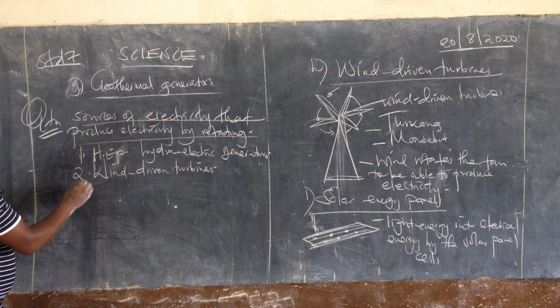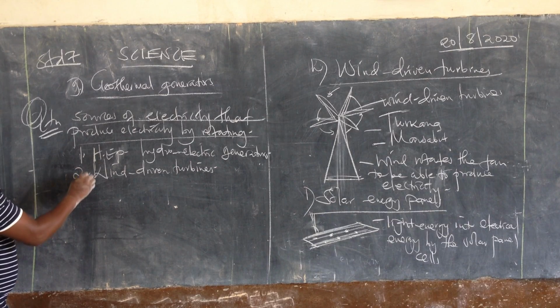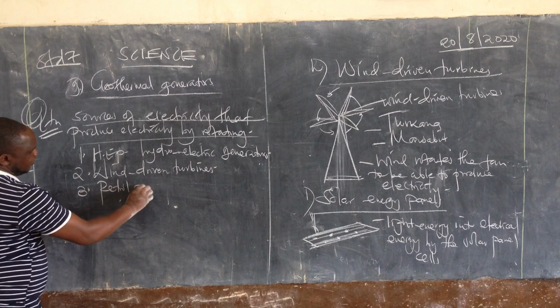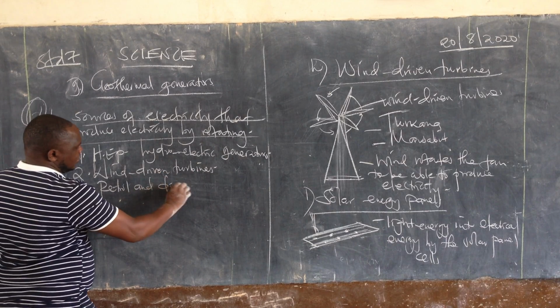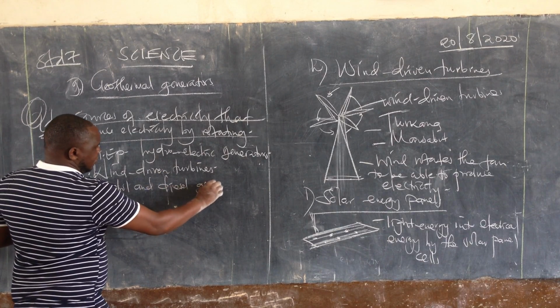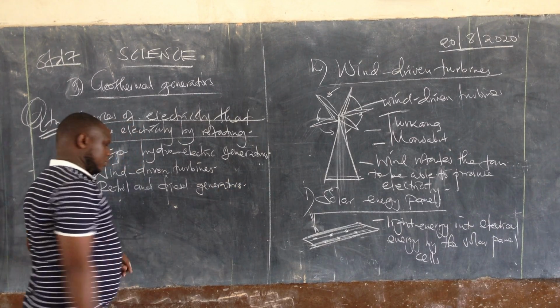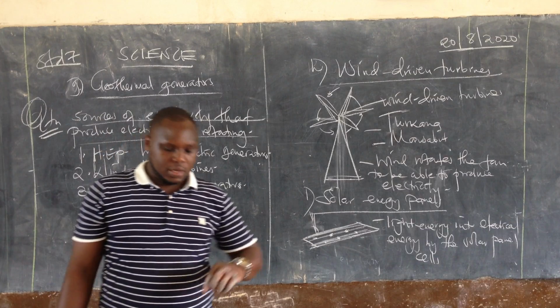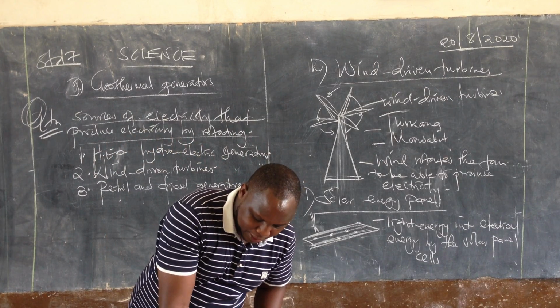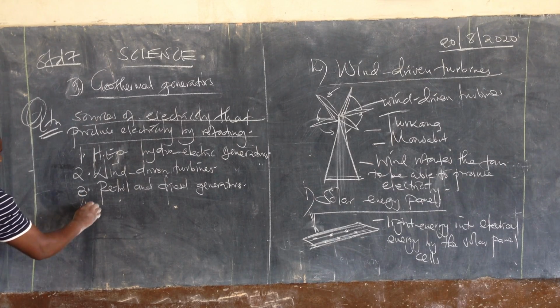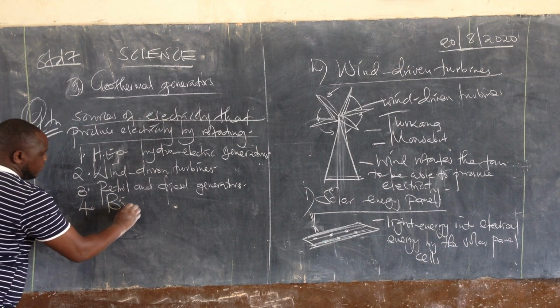Number three, we have petrol and diesel generators. They must rotate, I said. That's the reason we add fuel to them, so that it can power them and they rotate to produce electricity. Number four, we have the bicycle dynamo.